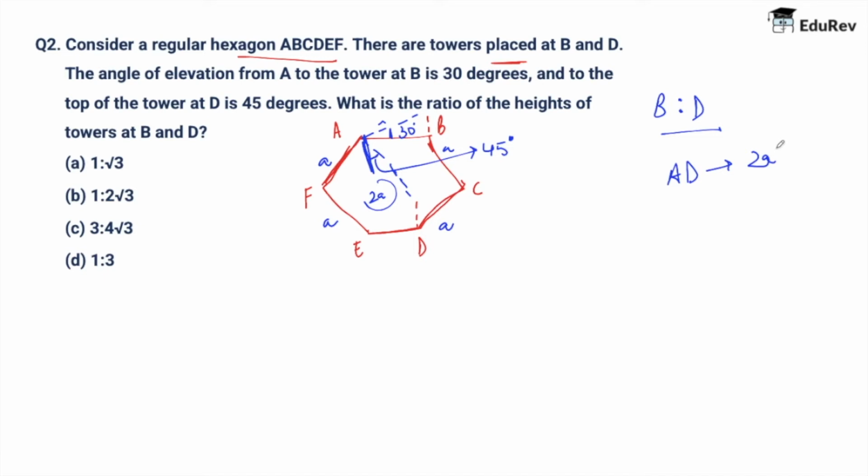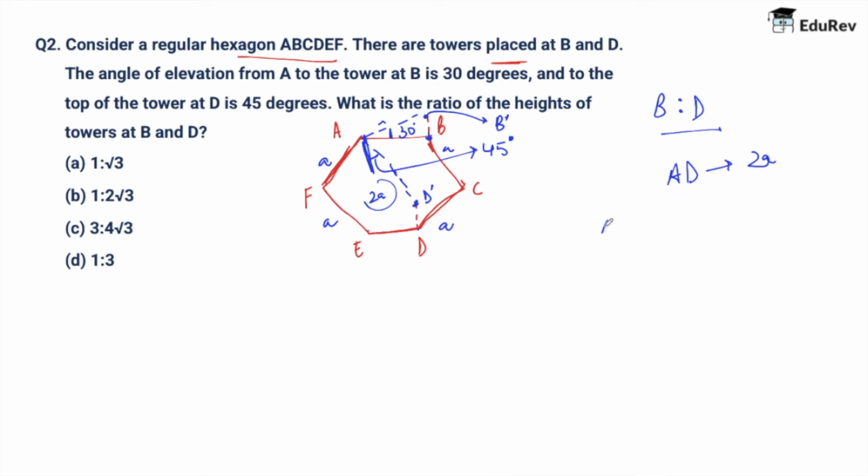So now I am going to point this as D dash and this one as B dash, so that you can clearly identify the triangle. So this point is B, this is B dash, this point is D, and this point is D dash.